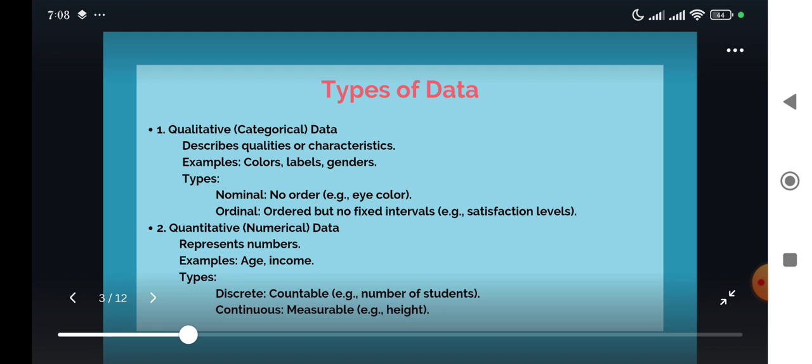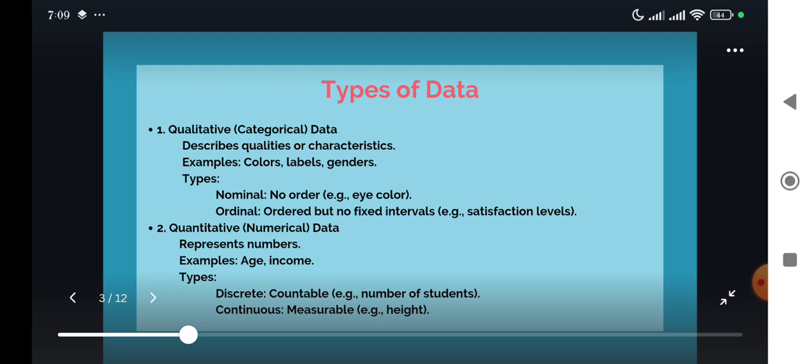For instance, you can imagine satisfaction levels like satisfied, neutral, and dissatisfied, or you can say very satisfied. So these have an order, but intervals between the ranks are not equal.